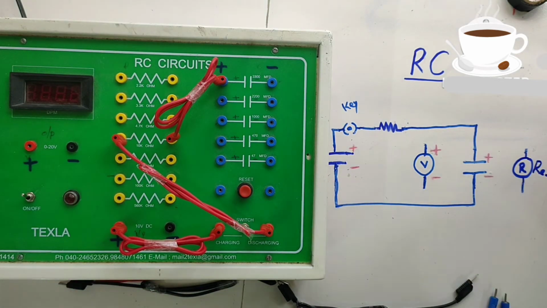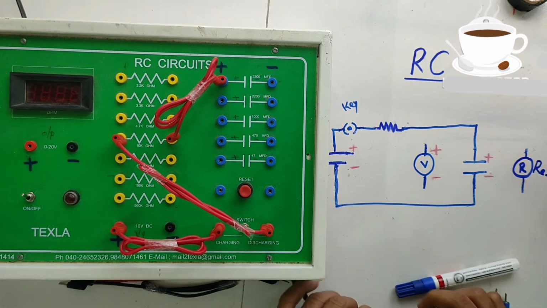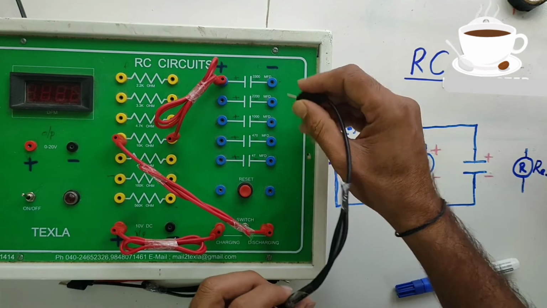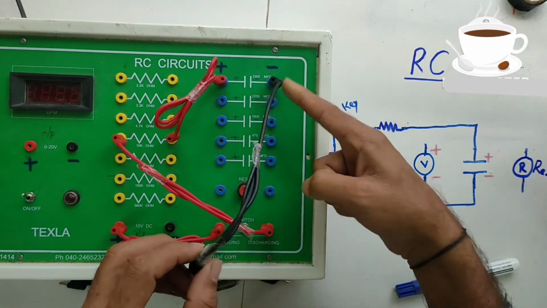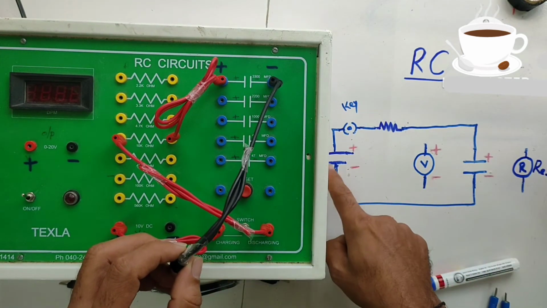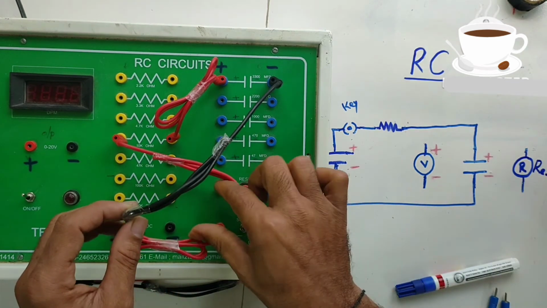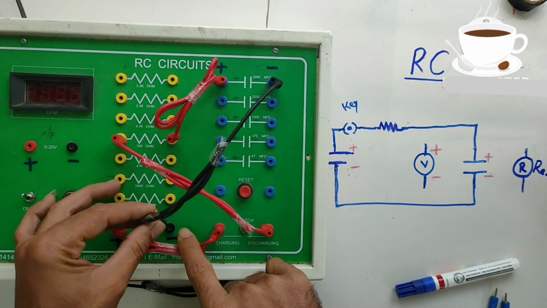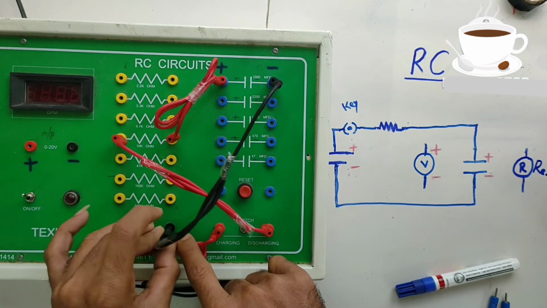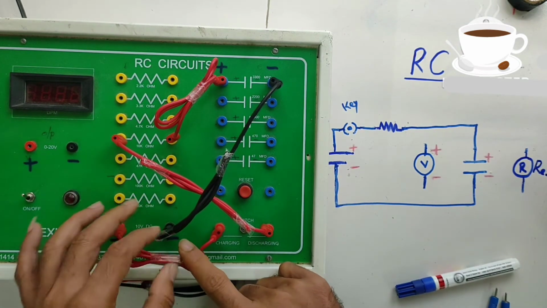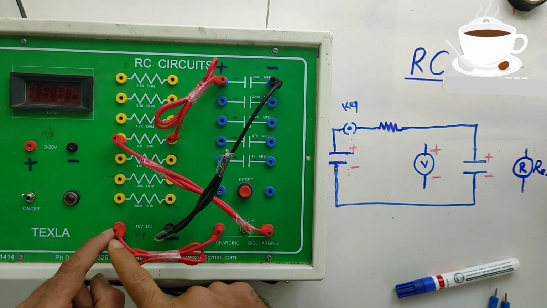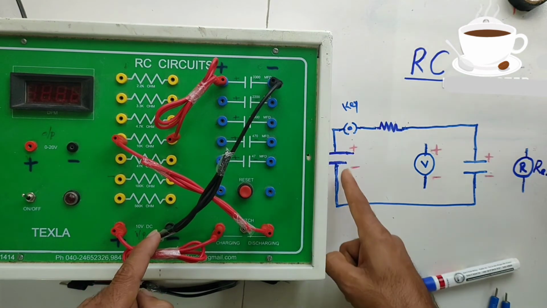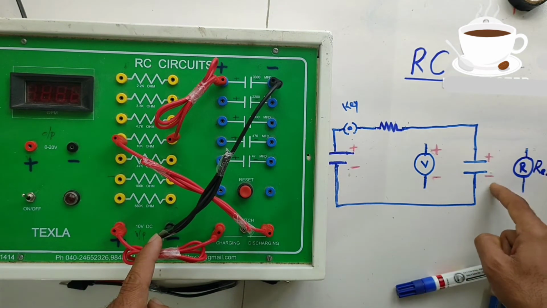Instead of this line I am using one wire from the capacitor to the lifted terminal 2, where I need to give the battery negative. See here, this is the battery negative. I am giving this connection to the battery negative. This is the battery positive, this is the negative. So from the battery negative to the capacitor negative.